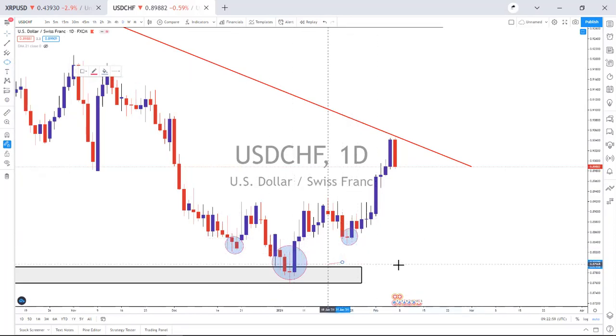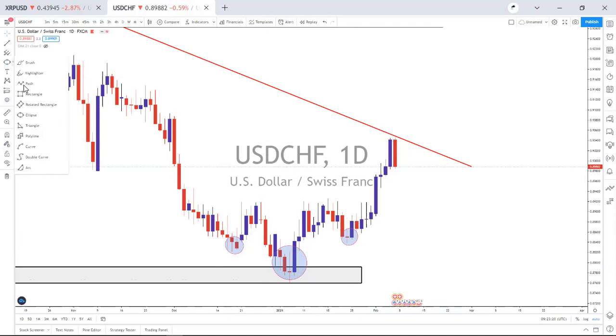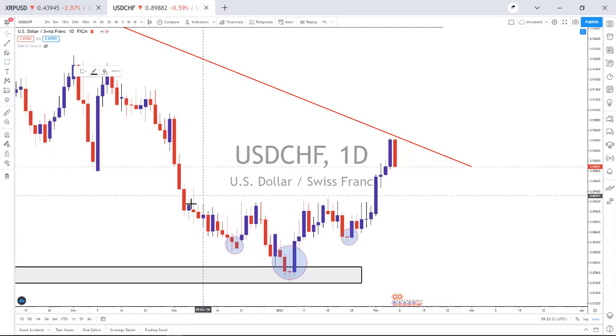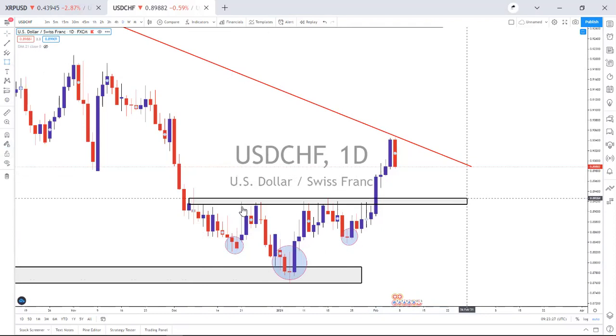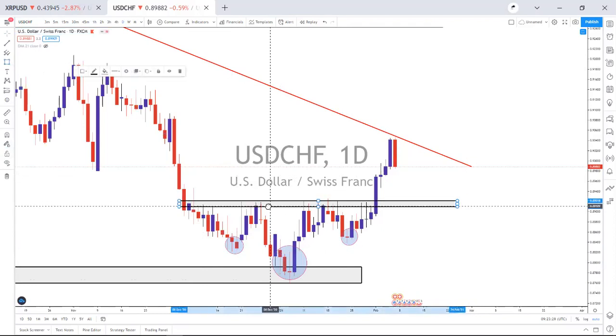We have prices getting to this low, then creating a lower low, and then creating a higher low at this point in time, which gives us some form of head and shoulders. We have the head and both shoulders here. Another thing we'll be looking out for with this pattern is where the neckline is, and the neckline is somewhere around here. So we have our neckline around this level here.